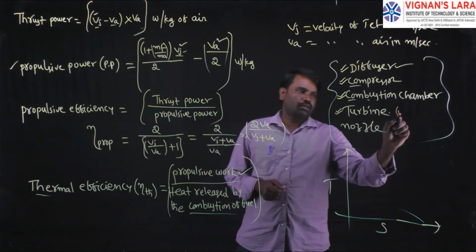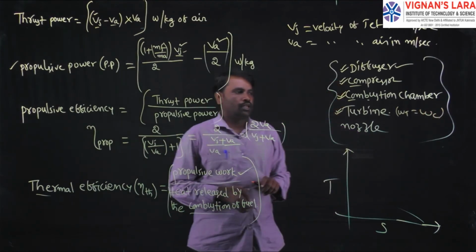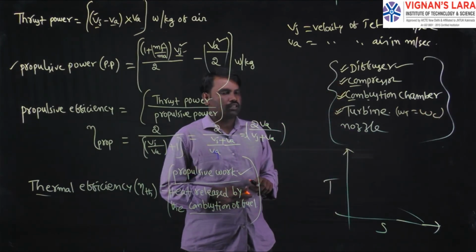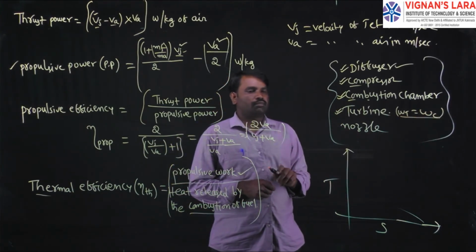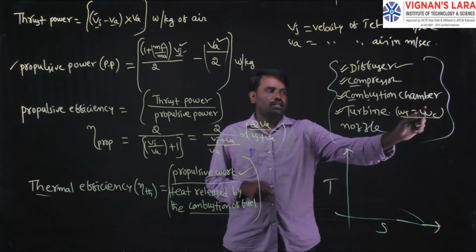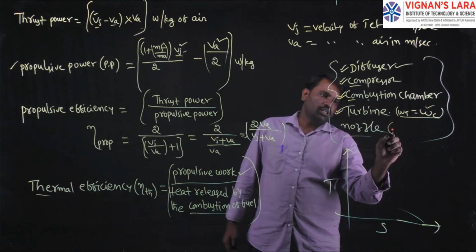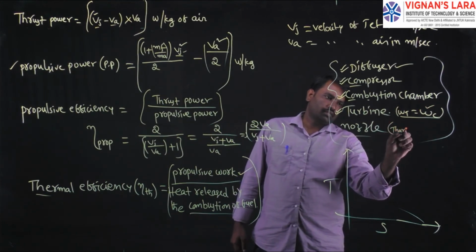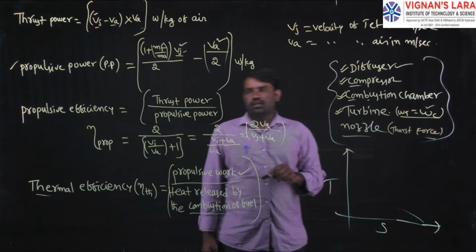The turbine work is equal to the compressor work, while in the case of gas turbines we are generating more work output than this work. In the case of turbojet engines only we are producing the work output that is equal to operate the compressor, and in the nozzle we are producing the thrust force. With the help of thrust force only we are operating the aeroplanes.